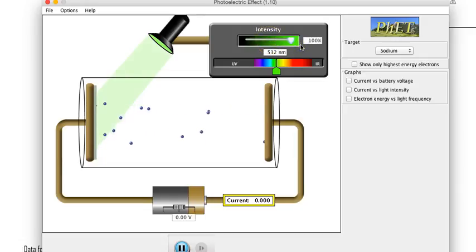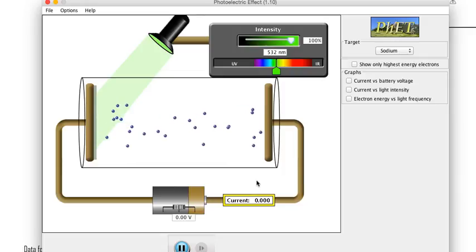So we make it brighter, and what do we find? All we've done by making it brighter is having more electrons being ejected. They're not going faster, because more people are going to the table with the same extra money. It's the extra energy from the photon that gives these electrons energy to move.